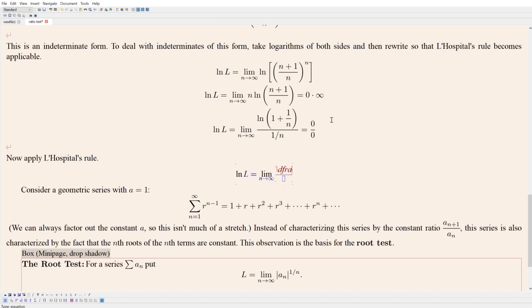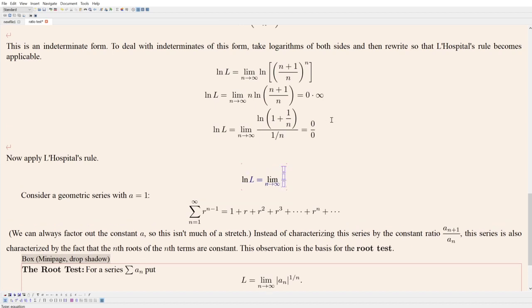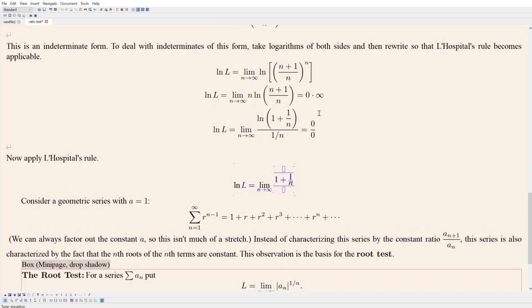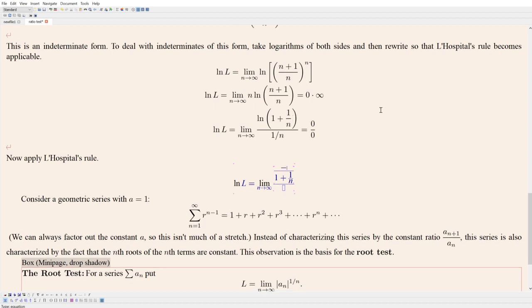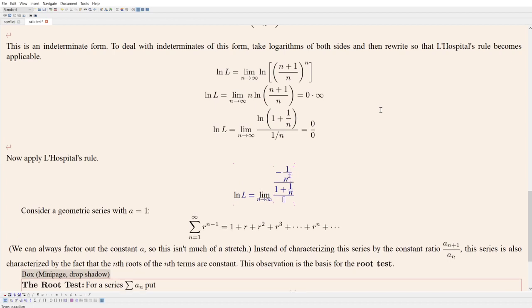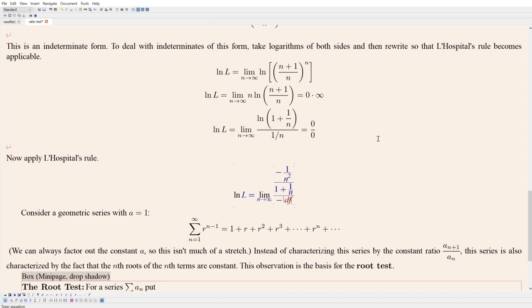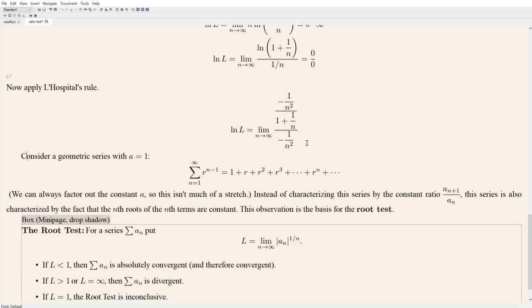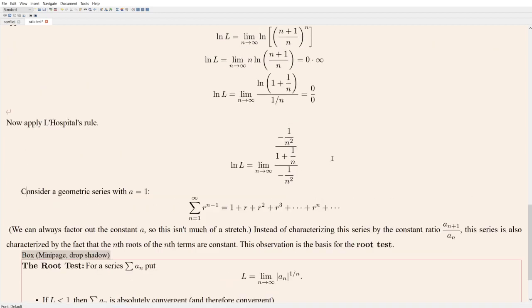Since we're differentiating a logarithm, it's 1 over all of the stuff. And in the numerator, we have the derivative of the stuff. So the derivative of this is 0 plus the derivative of that, which is minus 1 over n squared. Okay? Derivative of 1 over n is, once again, minus 1 over n squared. That's just the power rule. Now this is a horrifyingly ugly expression, so let's get to work on cleaning this up.